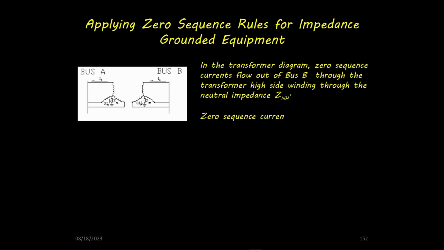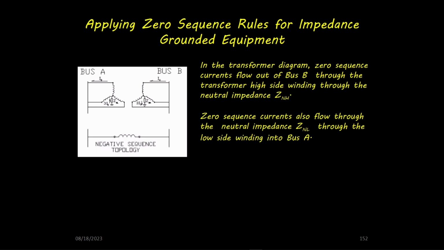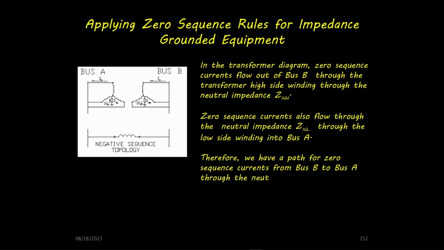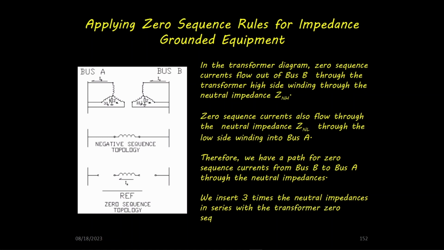Zero sequence currents also flow through the low-side neutral impedance ZNL through the low-side winding into bus A. Therefore, we have a path for zero sequence currents from bus B to bus A through the neutral impedances. We insert 3 times the neutral impedances in series with the transformer zero sequence impedances.